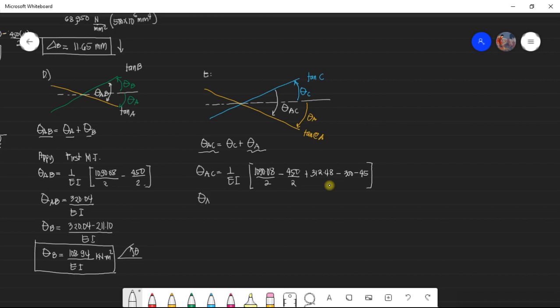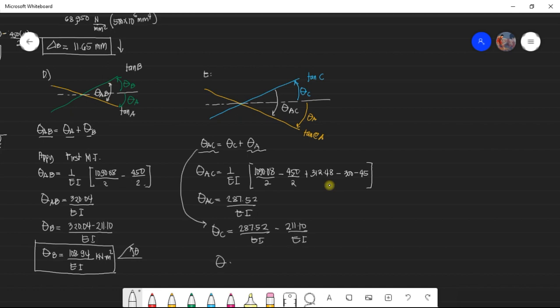So the change in slope between A and C is equal to 287.52 over EI. Now the slope at C will be 287.52 over EI minus 211.10 over EI.